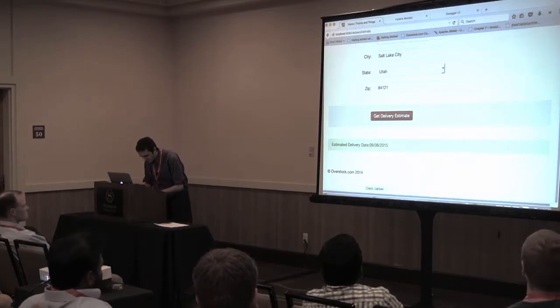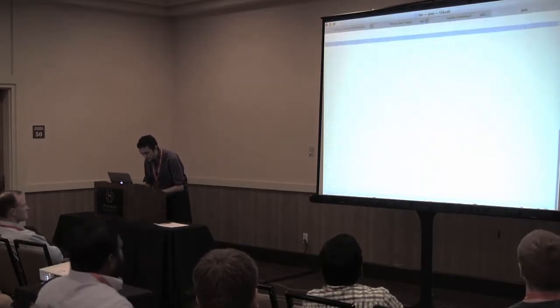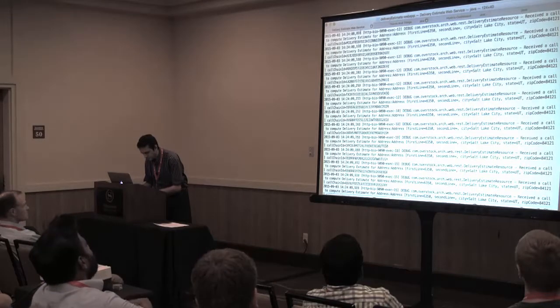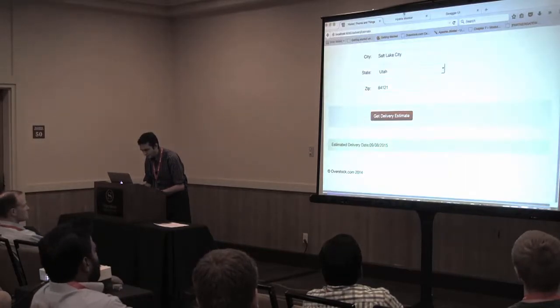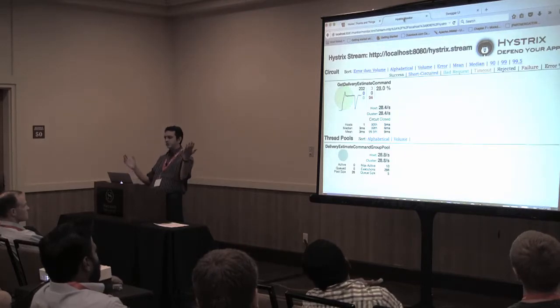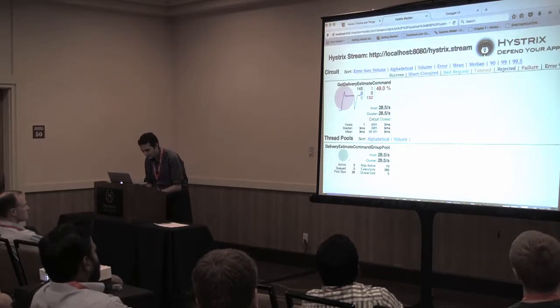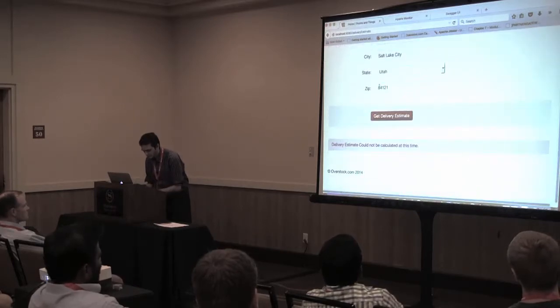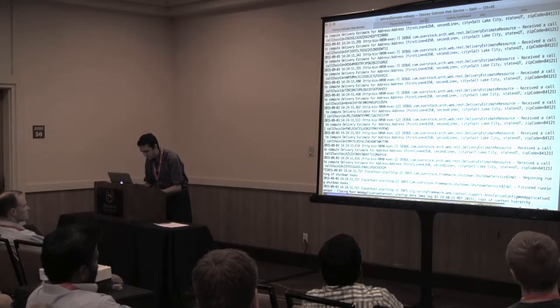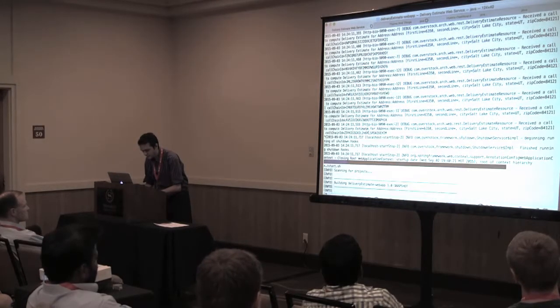Alternatively, if I go to my command line, the delivery estimate web service is doing a ton of stuff, so I'm going to kill it. And I come back to the Hystrix monitor, and you see things start going bad, right? But the web app is still functional, and it's not dying on the threads or anything. It's doing perfectly. I come back to my console and restart my service.